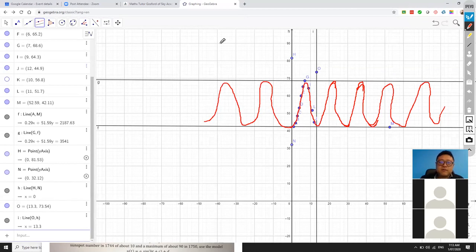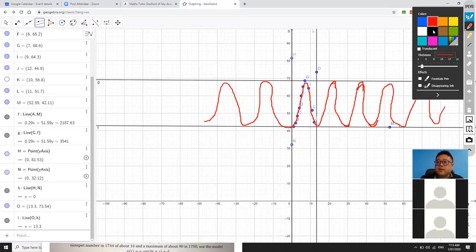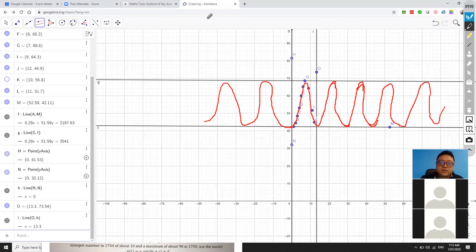Sinusoidal wave just means it's a sine function. y equals a sin(bx) plus c. I think I said plus, but I think in your version that's a minus.